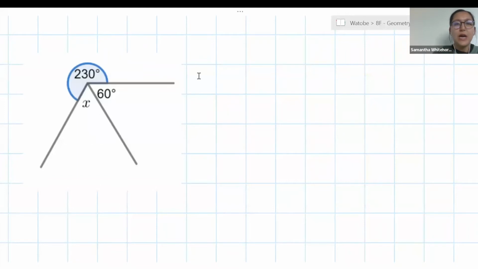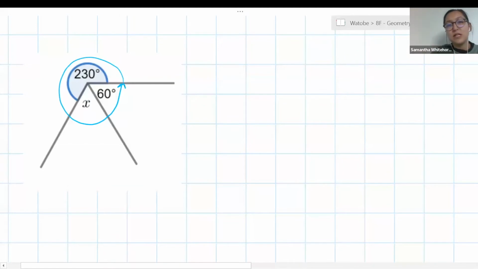Awesome, cool. So I'm gonna write it just a little bit differently so that we can all see what's happening. So we know that if we add all 3 of those angles, I must get, as Oratile said, 360 degrees. So if I said X plus 230 plus 60, I must get 360 degrees.